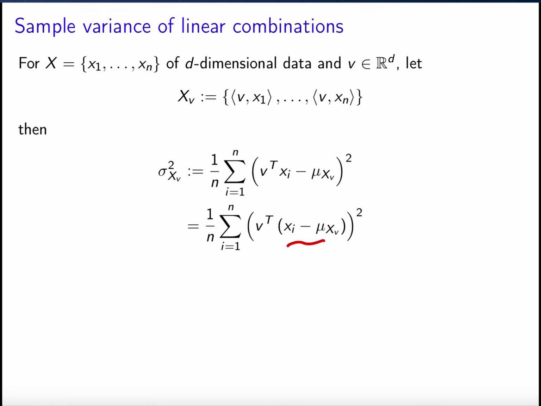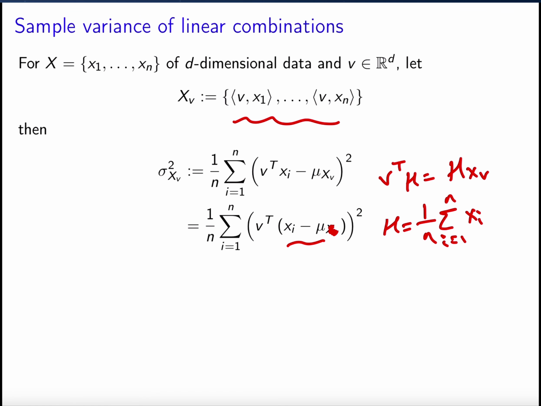Actually, I made a small mistake here. You can show that V transpose mu, where mu is equal to 1 over n times the sum of the xi, is exactly the same as mu of xv, where mu of xv is the mean of the projected numbers. Why?